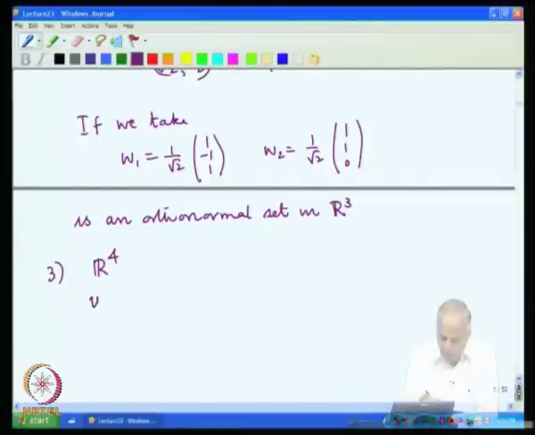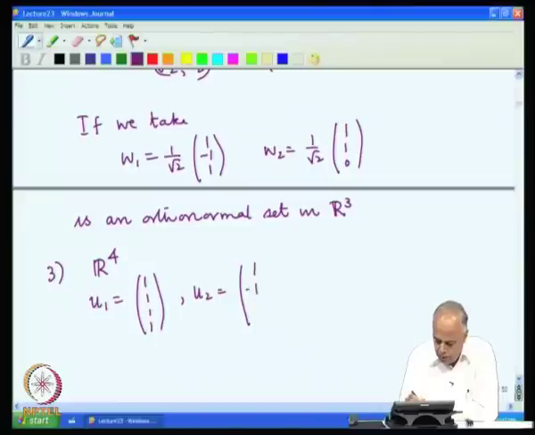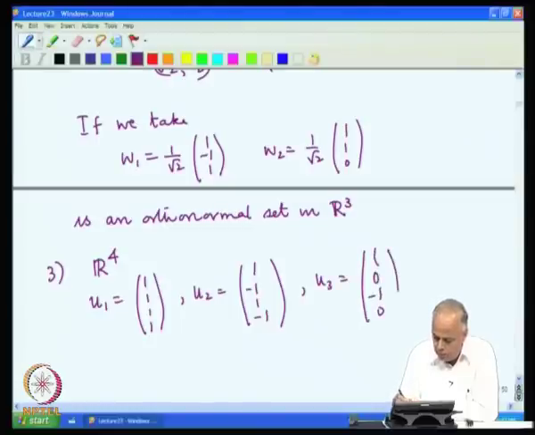Again in R^4, look at these vectors: u_1 = (1, 1, 1, 1), u_2 = (1, 1, -1, -1), u_3 = (1, 0, -1, 0).